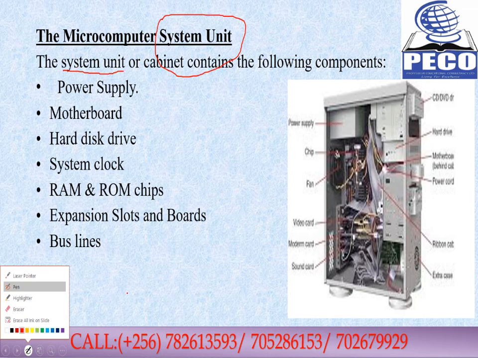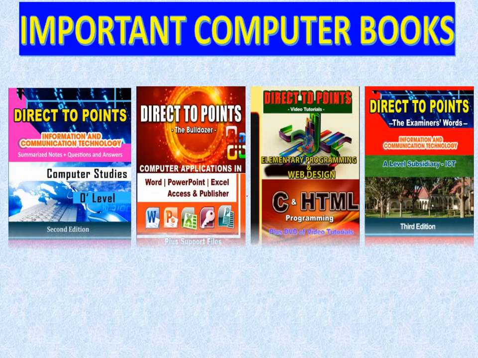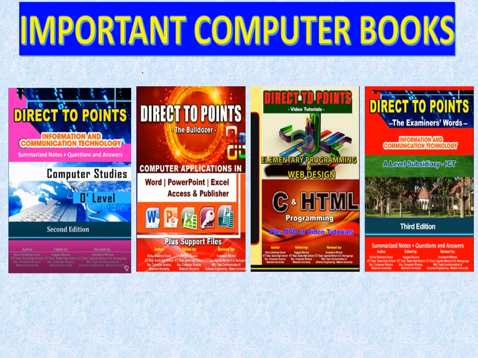Before we continue with further explanation, you need to know that there are important books that you can use for your own revision, where you can find questions to attempt, questions and answers, or books which can facilitate your practical work.